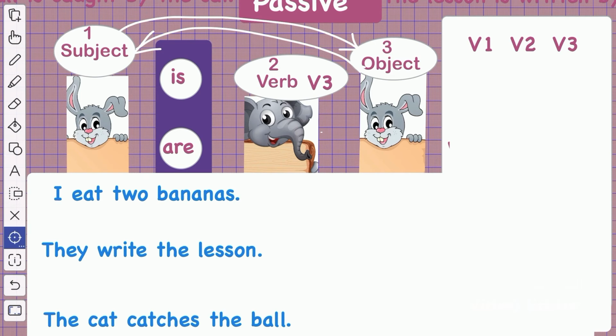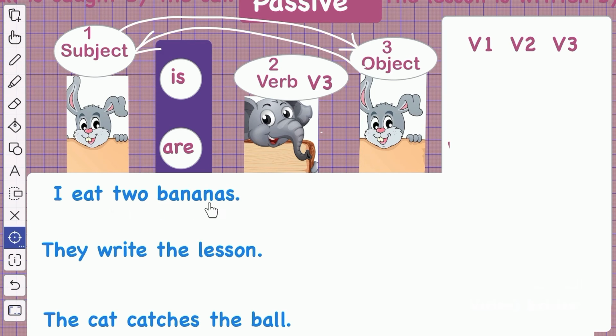Number 1, I eat 2 bananas. So, where is the subject? I. And the verb, eat, and the object, 2 bananas.